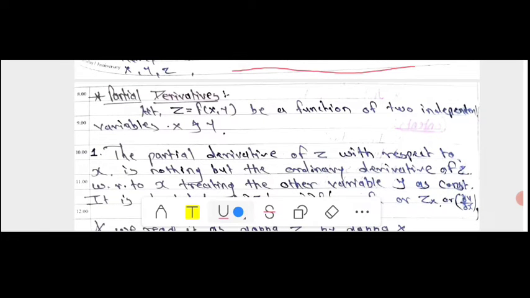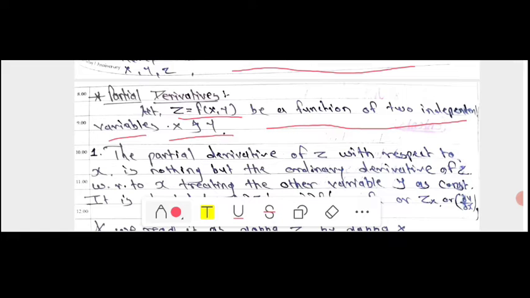Now next we see how to find the partial derivatives whenever the function contains more than one independent variable. Let z = f(x, y) be a function of two independent variables x and y.